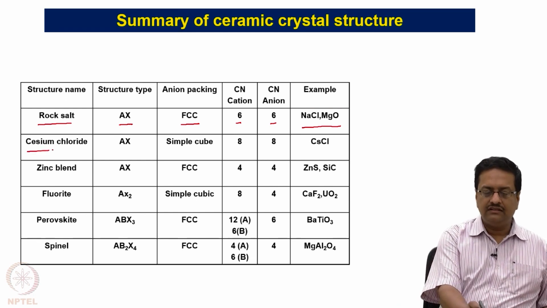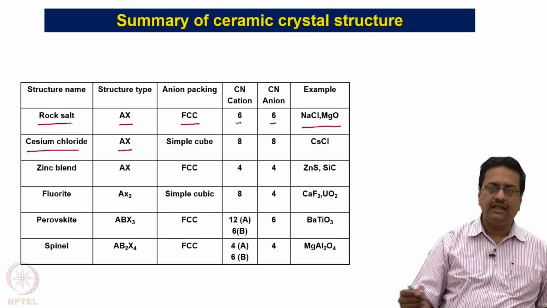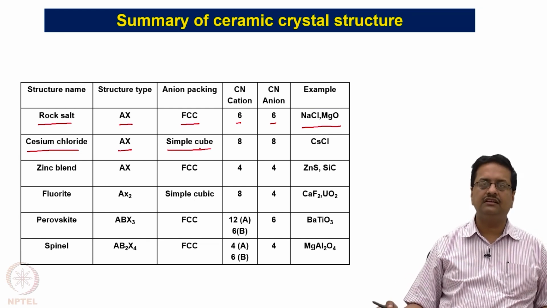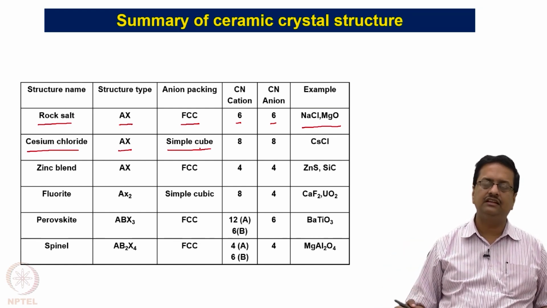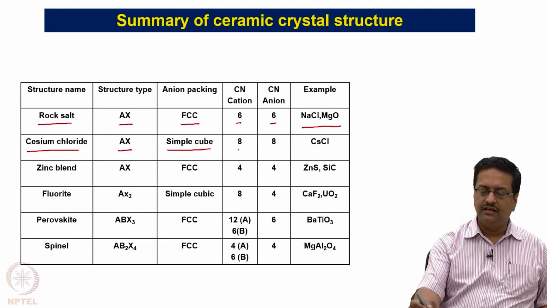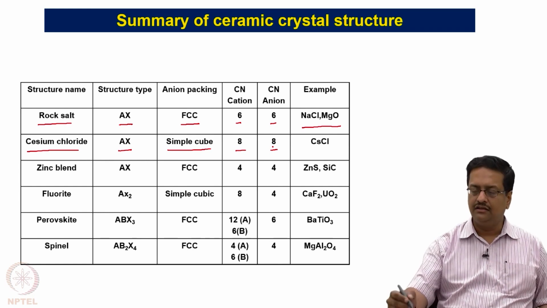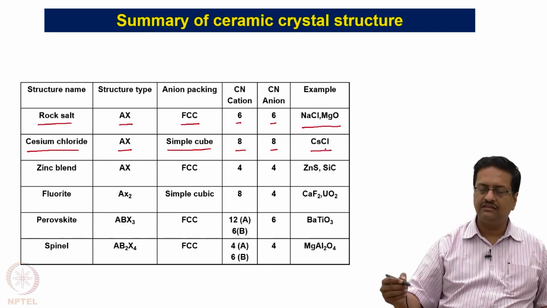A cesium chloride structure is also of type AX, but this is simple cubic, as I already indicated, an interpenetrating simple cubic lattice having 8:8 coordination for both cation and anion.